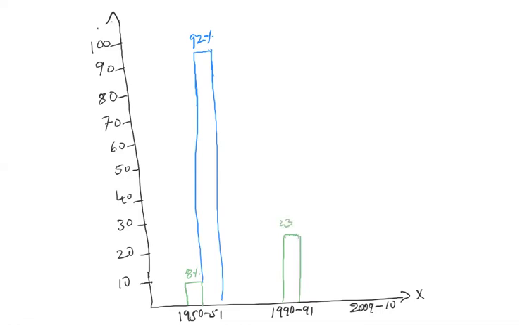So 23.6%. And this one, the share was around 76.4%. And in 2009, the public sector further decreased to 21.2%.